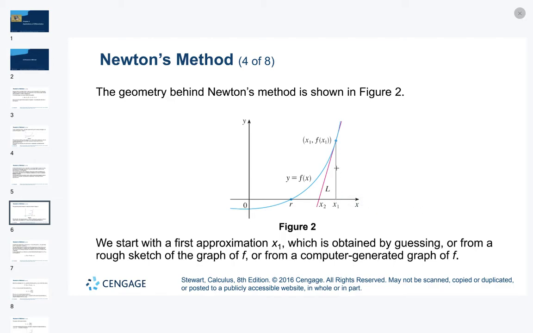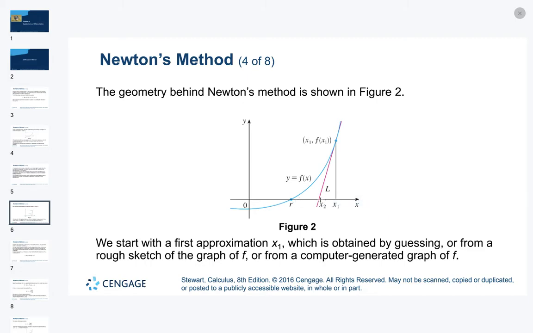For x1, you see what point you get on the curve. So that is x1, f of x1. Draw a tangent to that curve at that point. That tangent will hit the x-axis somewhere. Let's call that x2. Now you've got a better approximation. You're getting closer.